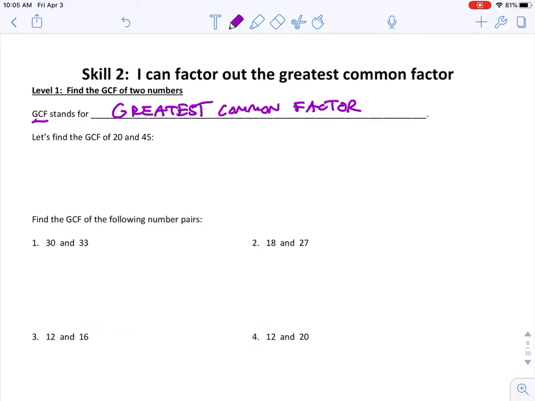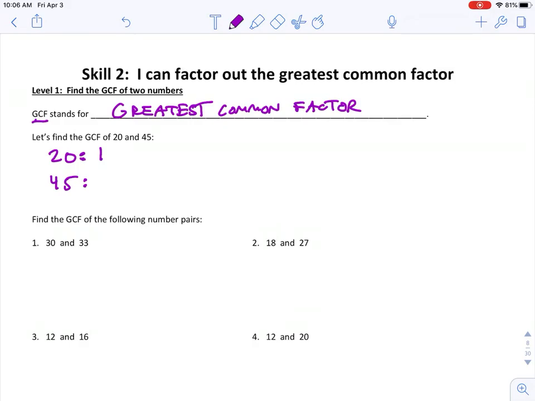And essentially what you want to do to find the greatest common factor of 20 and 45 is you think about all the numbers that divide 20, or all the numbers that go into 20. So for example, 1 is obviously going to go into 20 because 1 goes into every number. 1 times 20 is 20.